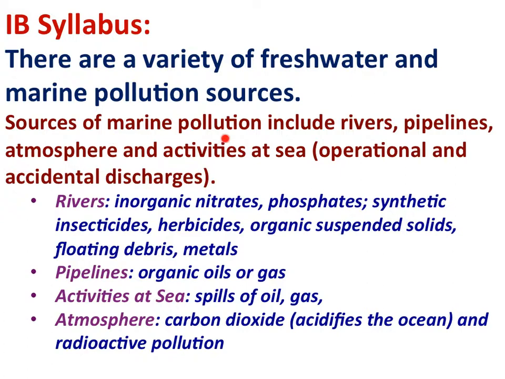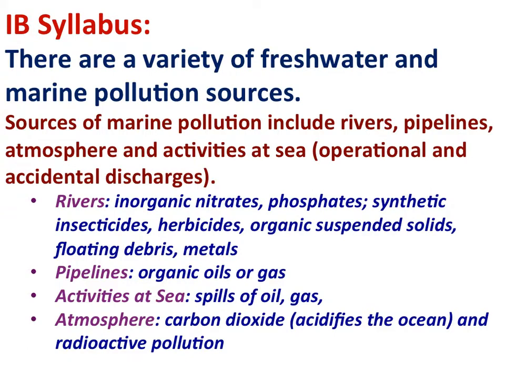Sources of marine pollution include rivers, pipelines, the atmosphere, and activities at sea, whether they be operational or accidental discharges. Now, the types of pollution in rivers includes inorganic nitrates, phosphates, synthetic insecticides, herbicides, organic suspended solids, floating debris, and metals.